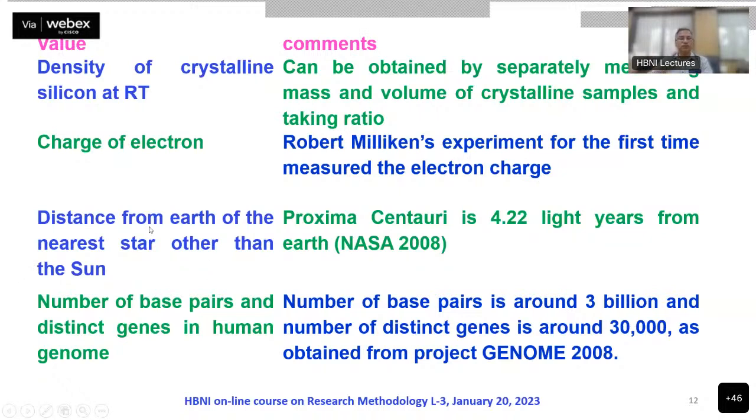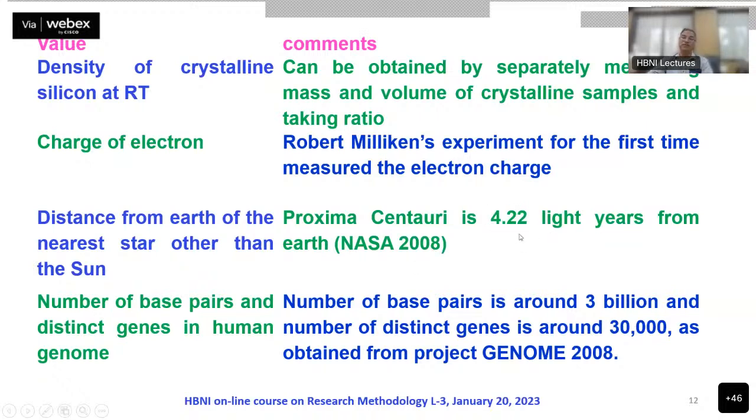Similarly, the distance from the Earth of the nearest star other than the Sun, like Proxima Centauri, which is 4.22 light years from Earth. So you see, the 4.22, somebody must have measured it. NASA, in fact, did it in 2008. And I don't have the plus minus, but definitely there may be a plus minus.